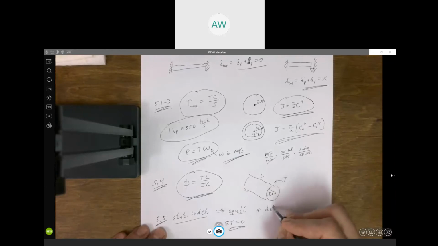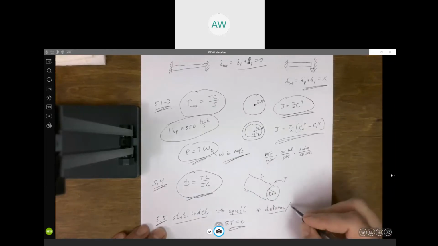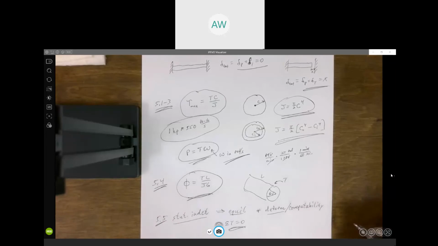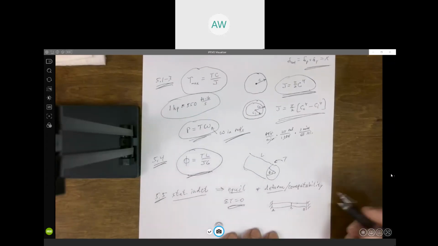And deformation, or what he calls compatibility, condition that if you've got something like this, right there where these two sections meet, the angle of twist has got to be the same.